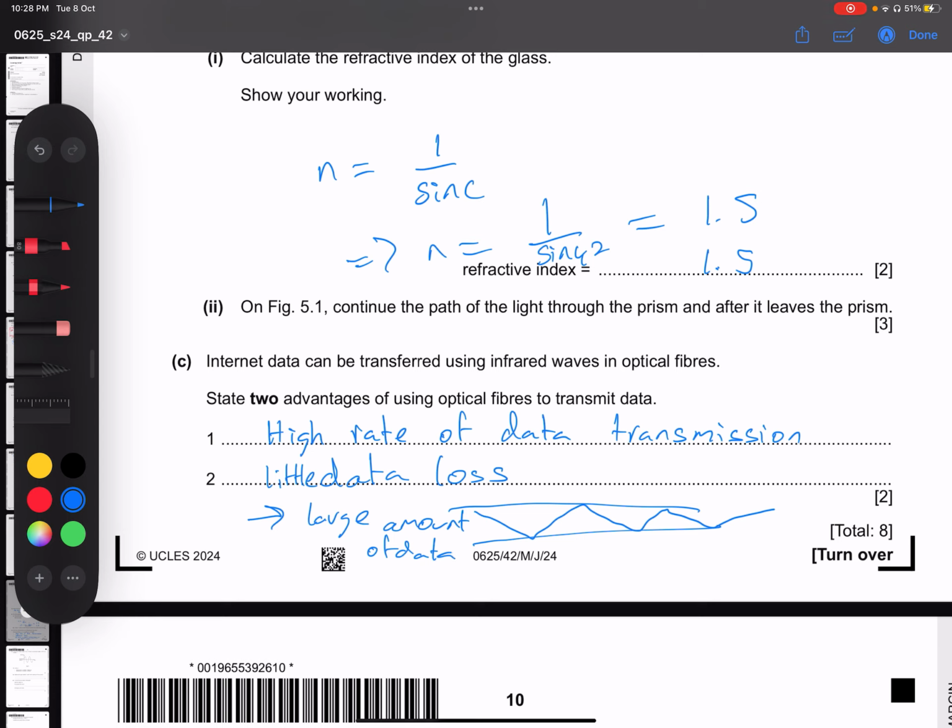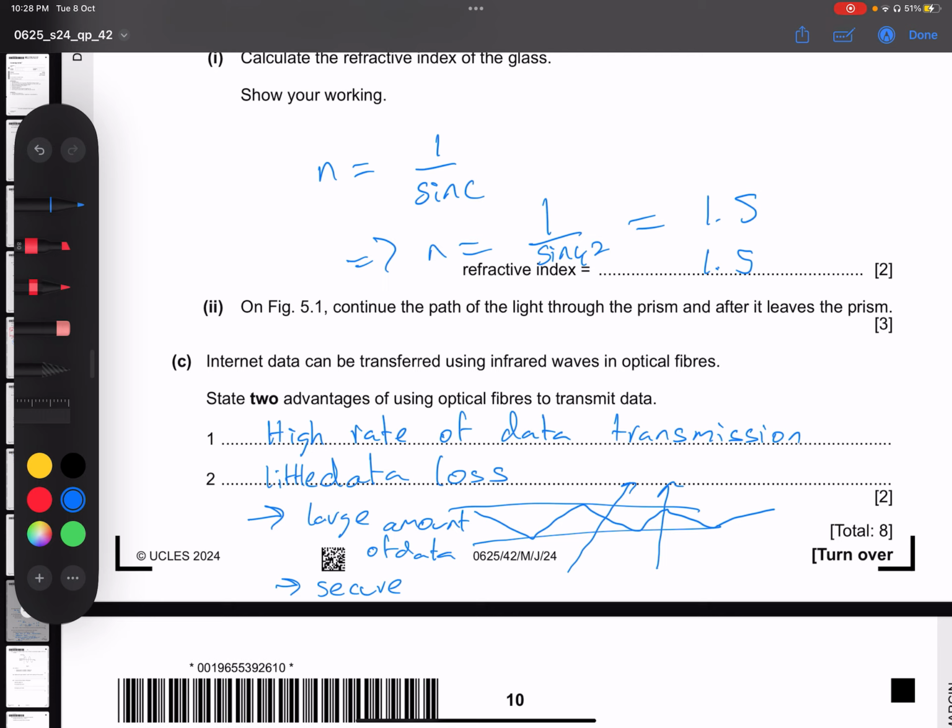and also secure. The secure point is slightly more complex because you can see that when we pass infrared like this at an angle that is not the critical angle, or we pass it directly, it will not interfere with the light inside the optical fiber, and it will not travel inside the optical fiber as well.